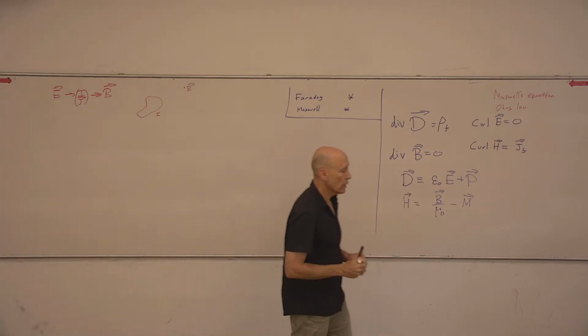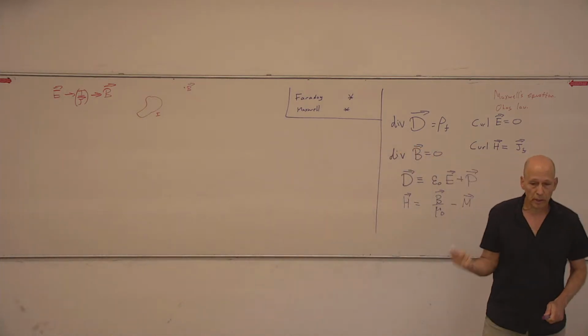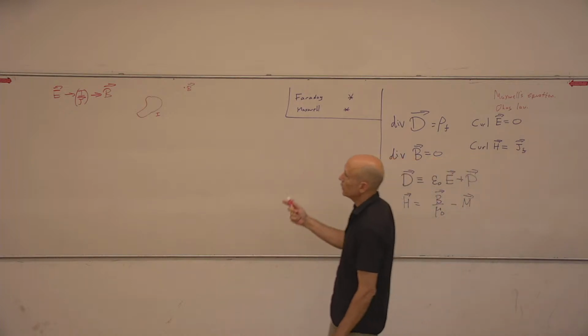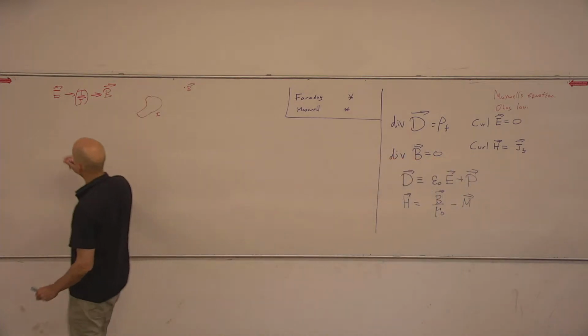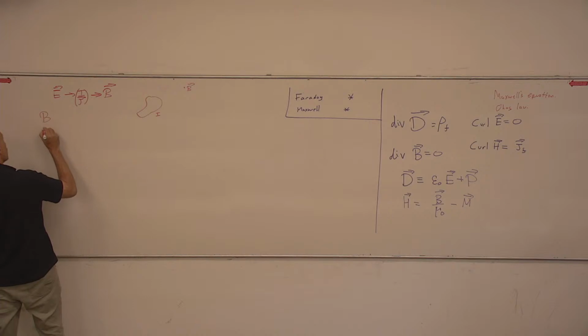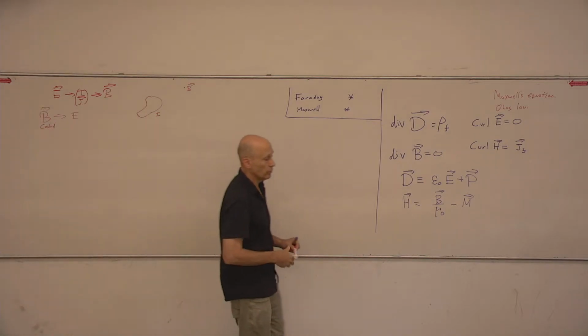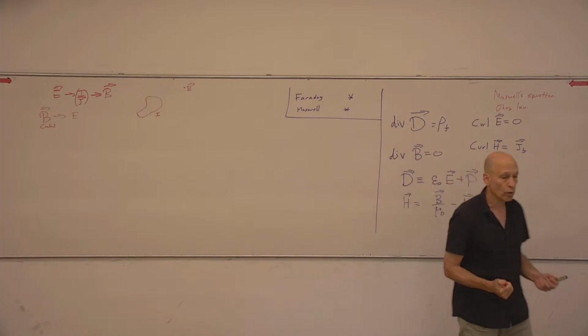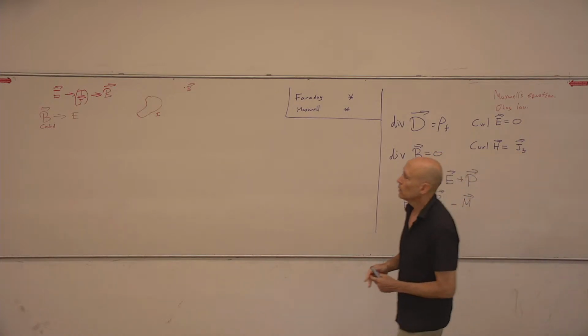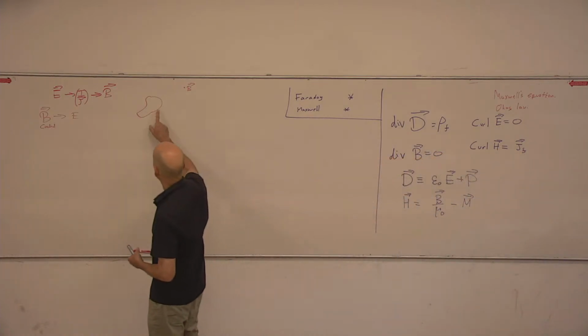So now the question is, can we use B to generate E? That is, can we control B and get E? And the answer is that you can control B. How will you control B? You change the current. So this current was static.